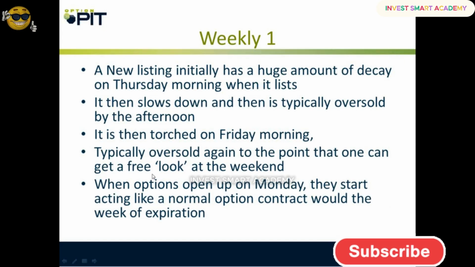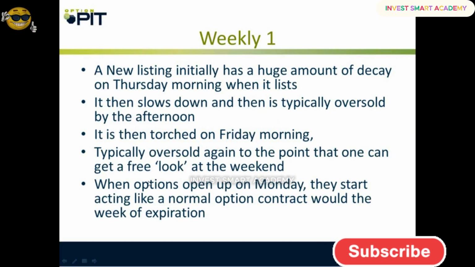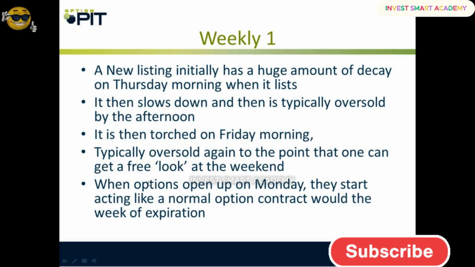And I found this over and over and over again. There is such a penchant for premium sellers to try and kill the weekend that one can get a free look at a weekend sometimes. Now, what I mean by that?